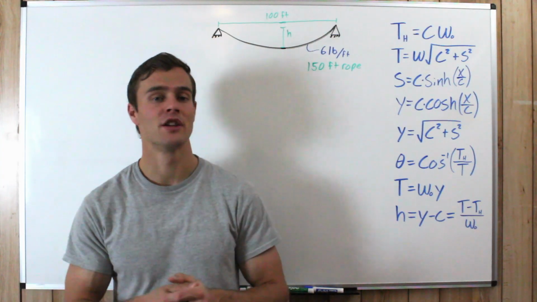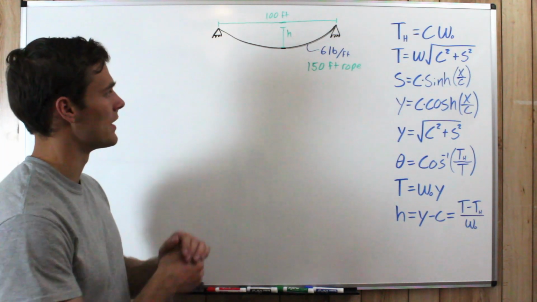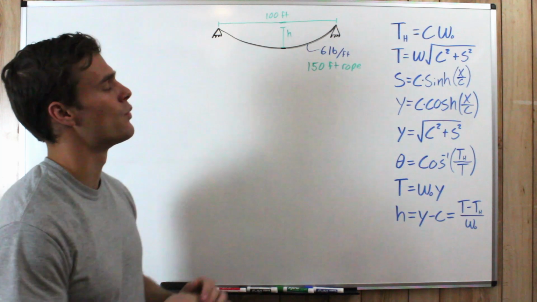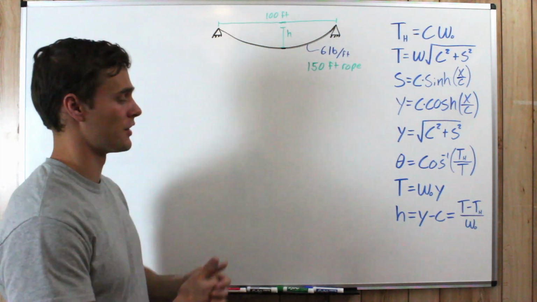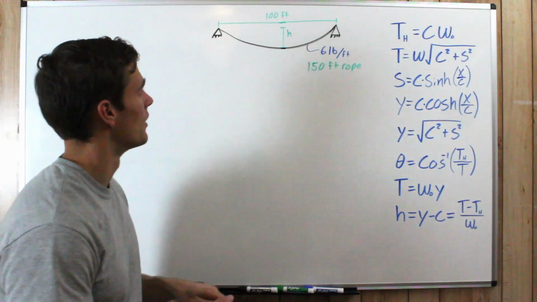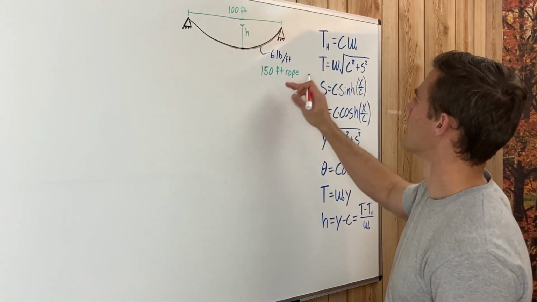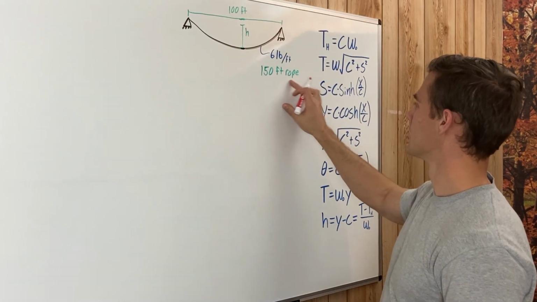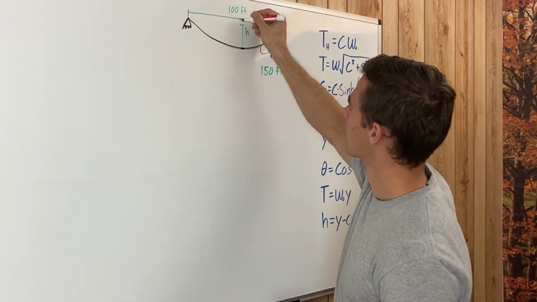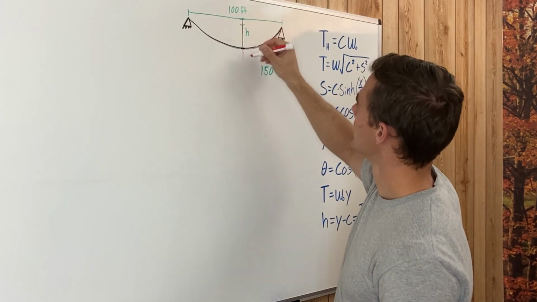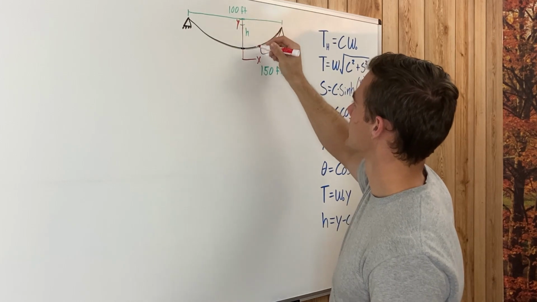So the first thing we need to do is list the variables that we are given and then see which equations we need to use to find those unknowns that we're looking for. We have the 150-foot rope, and that will deal with S, but we have to remember that we have our coordinate system set up here, with our x-axis and our y-axis.